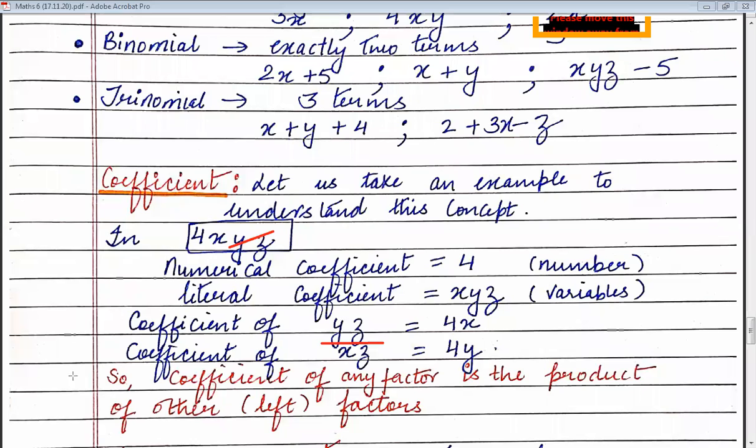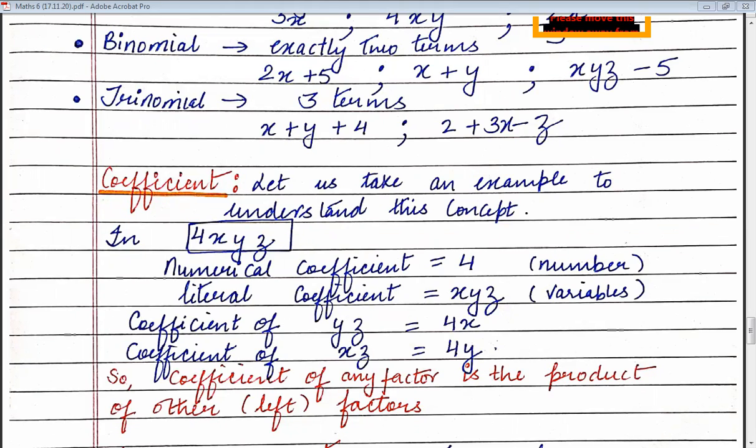So what is the coefficient of yz? That is 4x. So the coefficient of yz is 4x. So whatever coefficient you have to find out, you have to cross that, and whatever is left, that will be your coefficient. Except that value, other things are your coefficient.